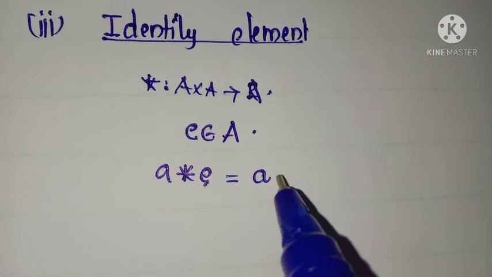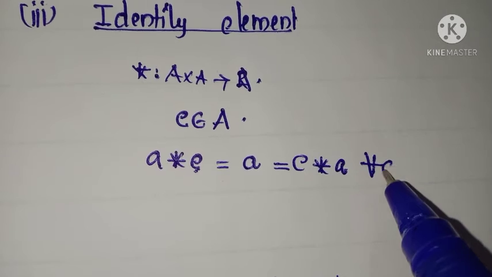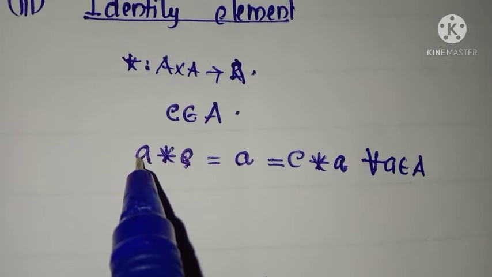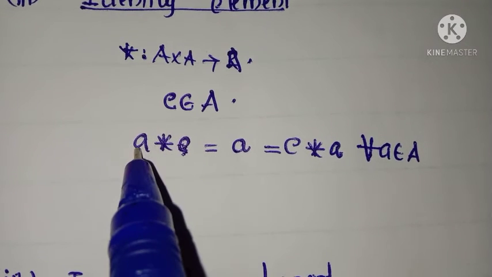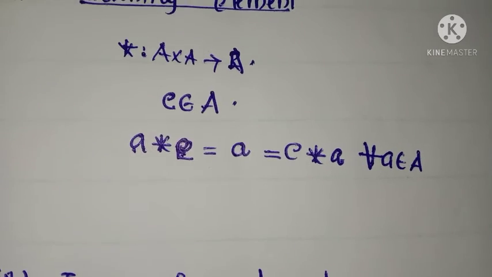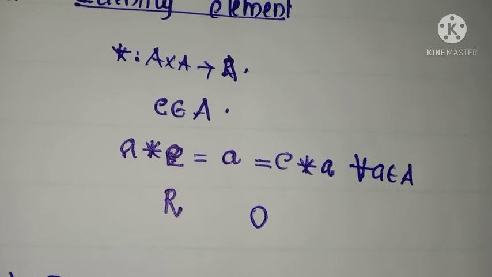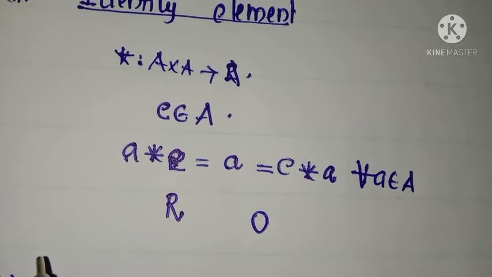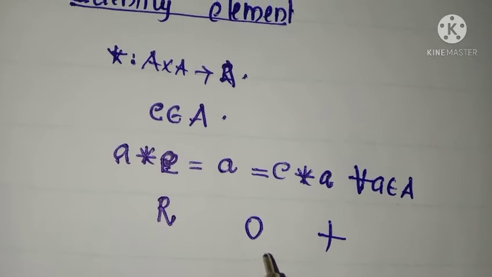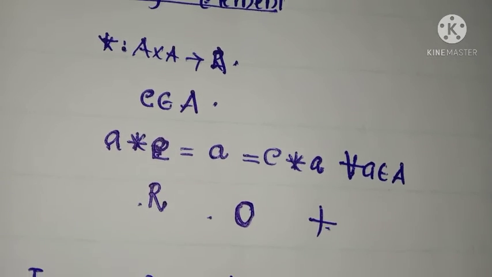A star E is equal to A, which is the same as E star A, for all elements belonging to the set A. So any element maps to the same element, and that particular element is known as the identity element. On the set of real numbers we can say that 0 is the identity element for the operation addition. 0 is the additive identity on the set of real numbers.